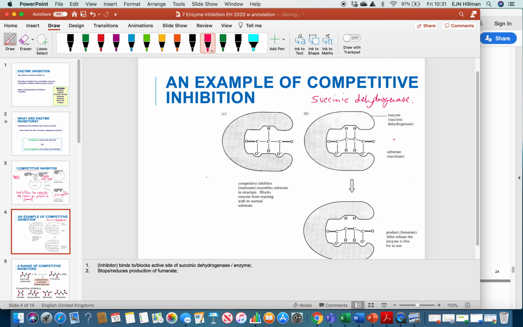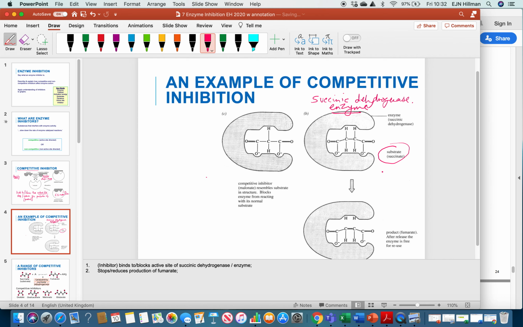Now, in most cases, in fact, always, it would be enough just to refer to it as the enzyme. Okay, don't be confused by terms that you're not familiar with. They may be novel to you, they may be new, you may never have heard of them. But the important thing here is this is the enzyme. So we've identified the enzyme. We want to identify the substrate. It's done that for us here.